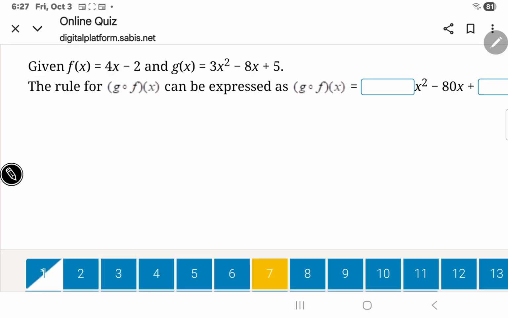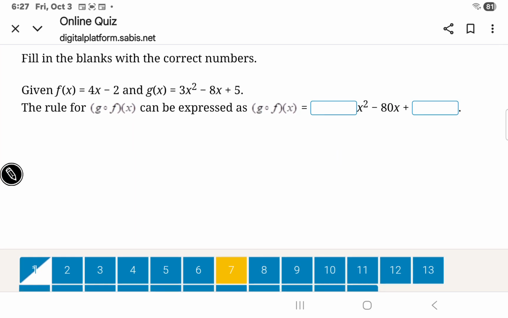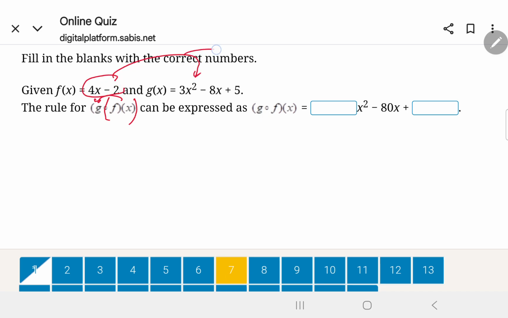Question number 7. Here you have a composite function G circle F. To solve this question, you turn the circle into a bracket, then you plug F in G. So to do that, you plug this amount in x here. So replace x by 4x minus 2.